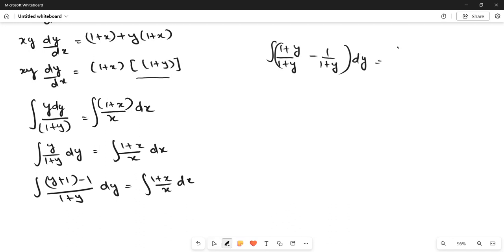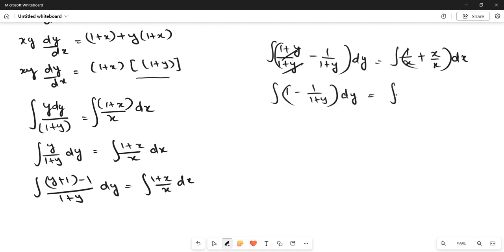Similarly, 1 over x plus x divided by x, dx. We just make the denominators separate. Now this cancels out, and you are left with 1 minus 1 over 1 plus y dy, and similarly 1 over x plus 1 dx.